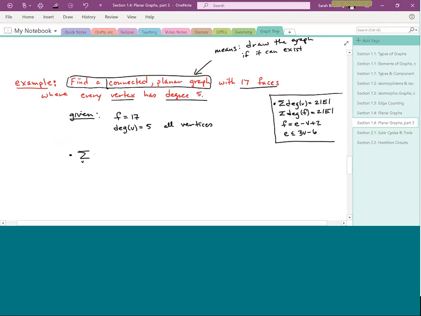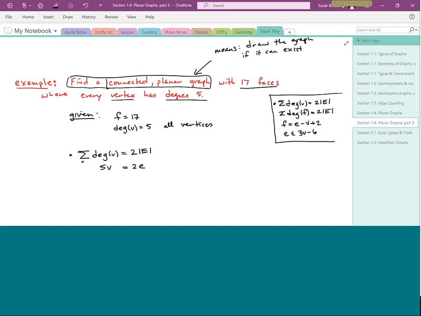If you take every vertex in your graph and add up all those degrees, it's supposed to be 2 times the number of edges. We have no idea how many edges there are, but I'll use the symbol lowercase e, which is one of the standards. Now, what we do know is we have 5 times the number of vertices in our graph, 5 because of degree 5, times the number of vertices because each guy had degree 5.